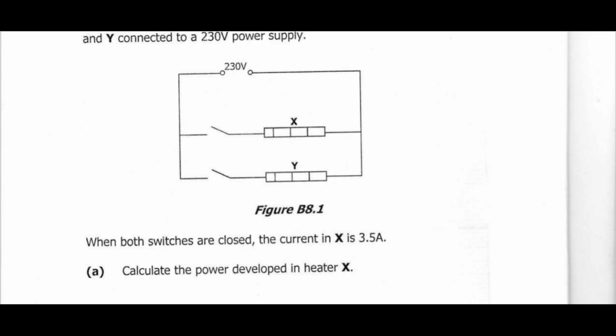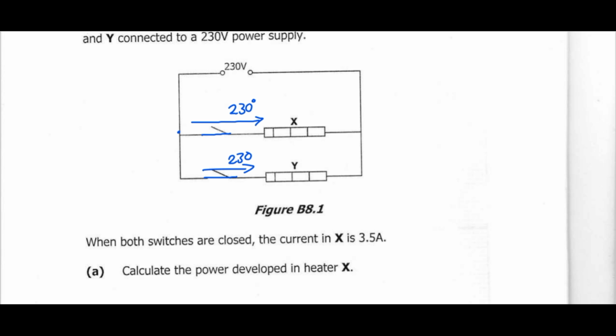Calculate the power developed in the. So we know that the source of voltage here is 230. So how much of 230 will go to this point? It's still 230. Even here we are going to have 230. Why? Because we know that voltage in parallel is equal.